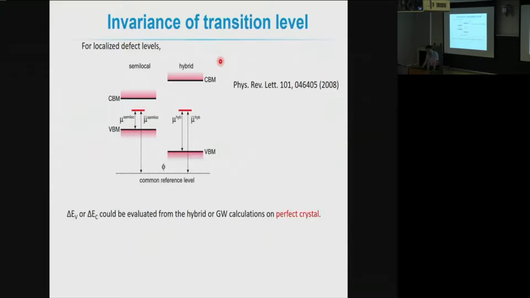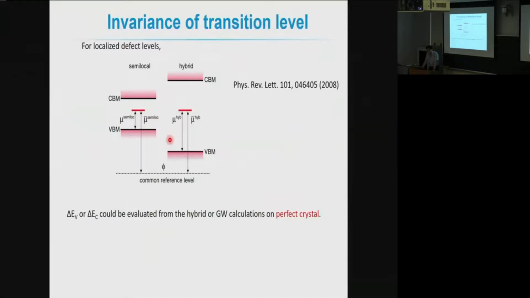So it's supposed to be accurate. And what they found is that when the transition levels are referenced to a common level, the defect level is actually invariant. The same. Only the valence and the conduction bands shift.